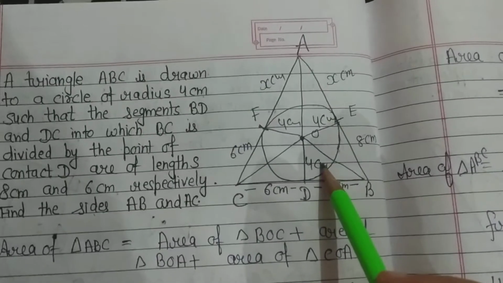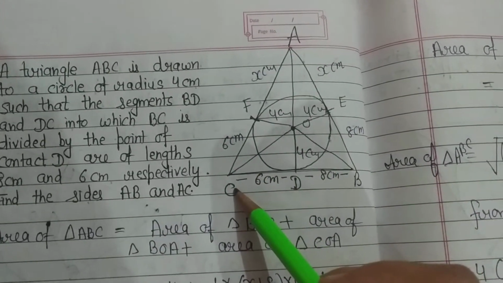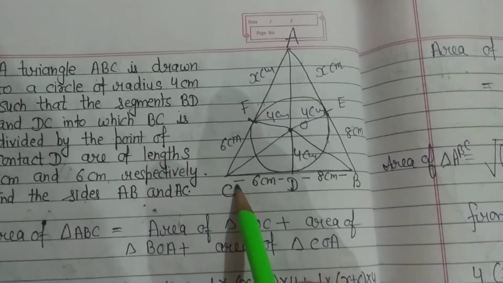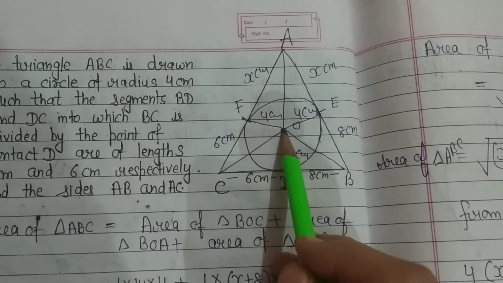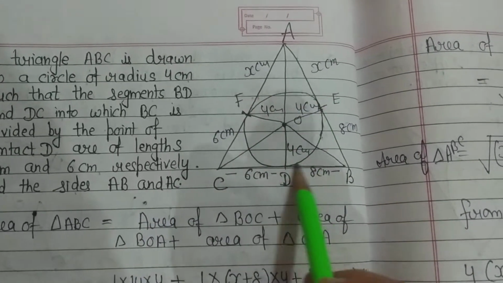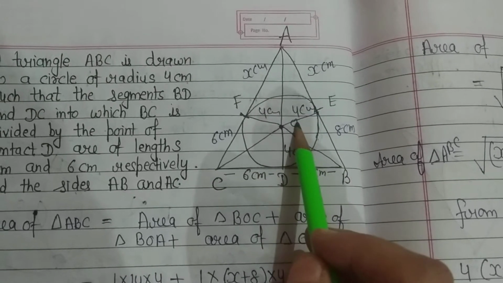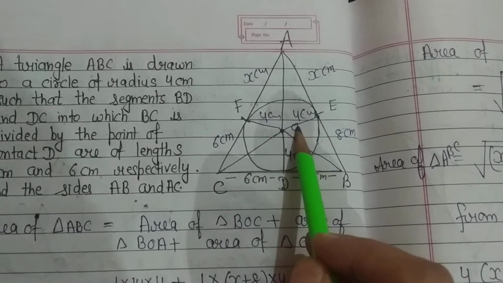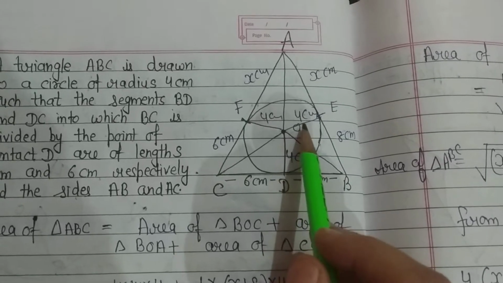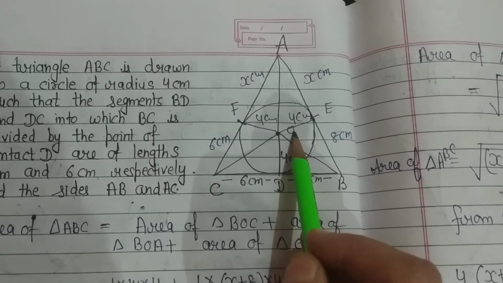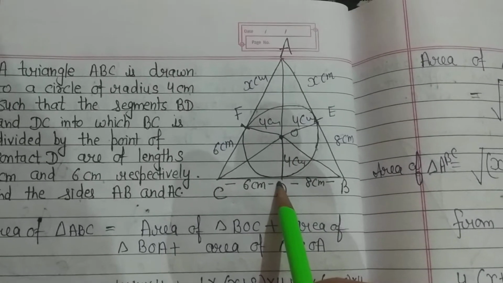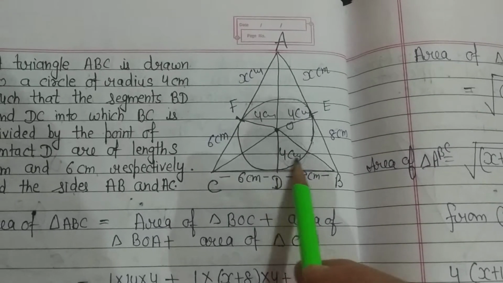Now see the figure carefully. ABC is a triangle in which there is a circle, and O is the center for that circle. OD is the radius with the measurement 4 cm.